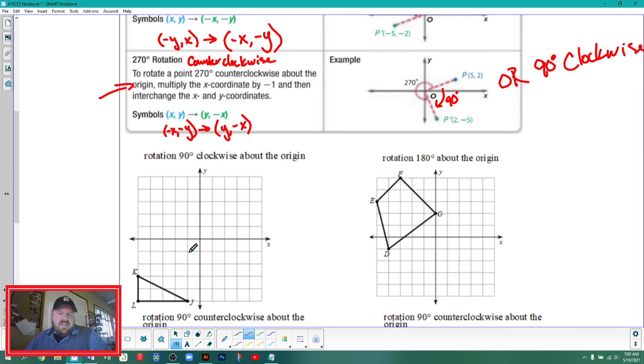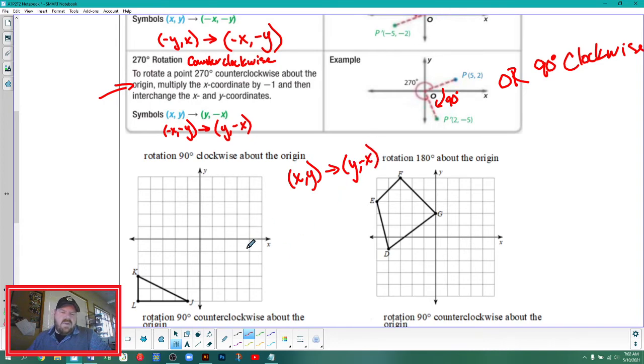So basically, just to get an idea, we're going to take it from here, 90 degrees clockwise, and it's going to put it up here somewhere. I'm not sure where yet, but that's just my general idea so that I know at least where it should end up. So for that, all my coordinates are going to go from (x, y) to (y, -x).